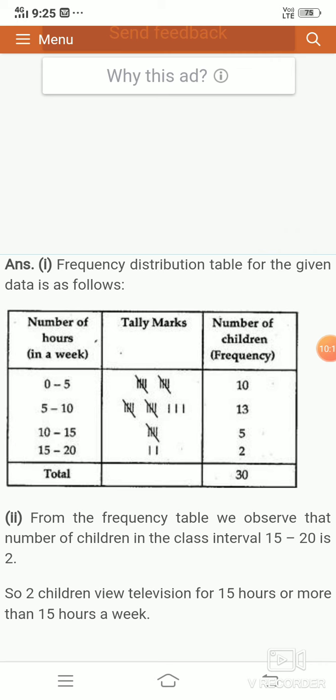If it is not given, and the question only says use a grouped frequency table, then it is your choice, that is 0 to 2, 2 to 4, 4 to 6, 6 to 8, like that. That is class size, class width. You may use 2, you may use 3, you may use 4, right? Now it's 5. From 0 to 5, don't count 5 in the first interval, count up to 4. From 5 to 10, count 5, 6, 7, 8 and 9.